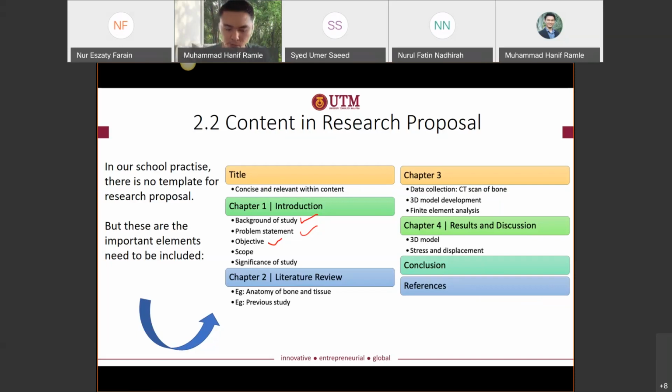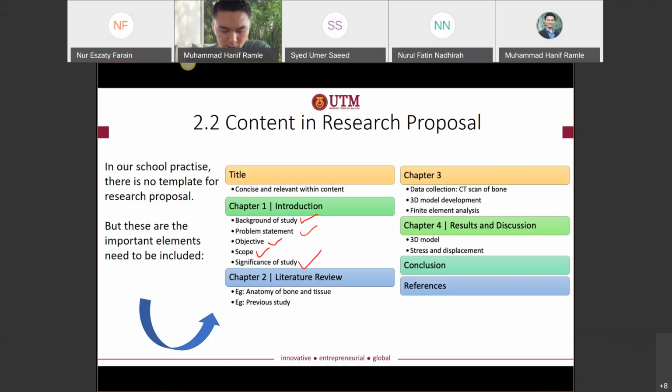Then the scope of study: what kind of material, sample and equipment you will use, and maybe some standard you will use to analyze the sample. And the significance, the benefit of your study to the society, the community, the industry, the new knowledge. You have to state it in your Chapter 1.